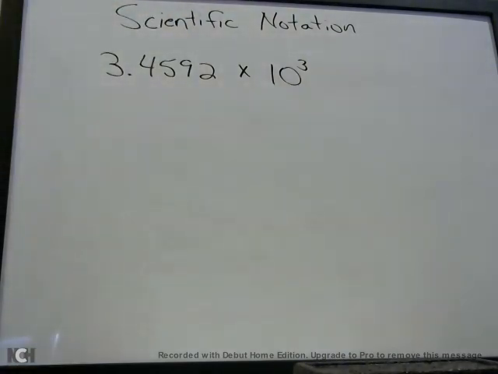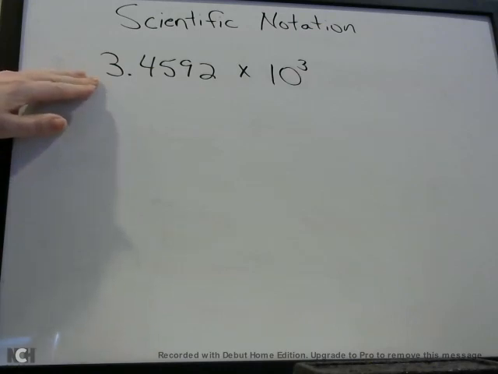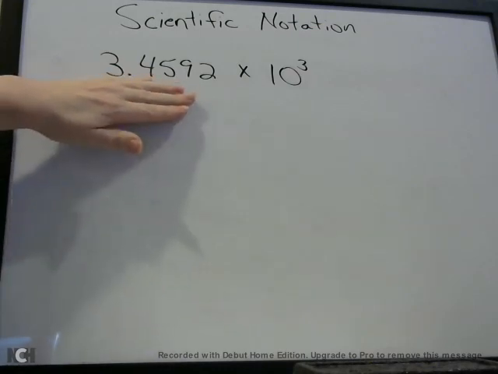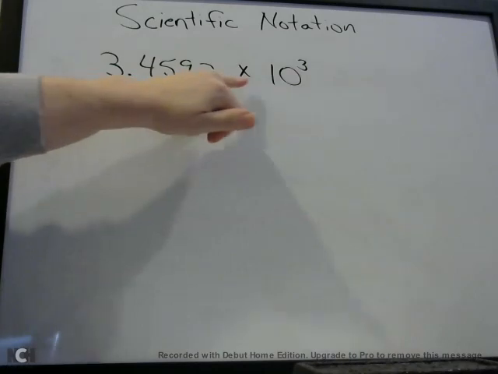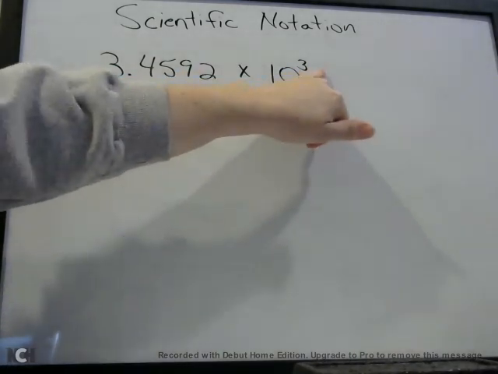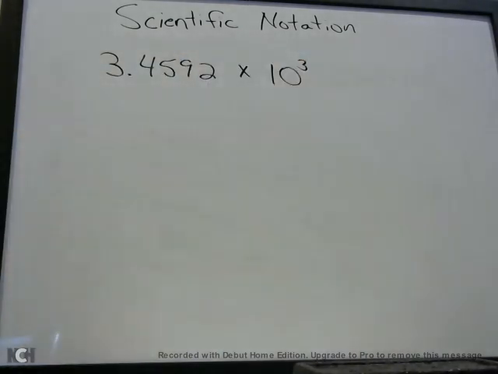If you don't know what exponents are, you need to watch the video on exponents. So this is a number written in scientific notation. You have a number on the left here between 1 and 10 times 10 to something. That is the format for all numbers that are in scientific notation.